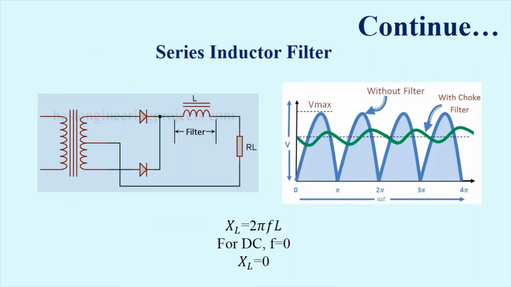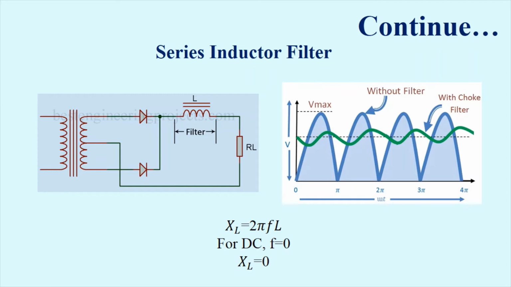Another filter in this experiment is the inductor filter. For the filtration of AC components, we know that the fundamental property of an inductor is that it will oppose any change in current through it. When the current flowing through the inductor changes, a back EMF is induced in it, and that back EMF prevents the current from changing its value.